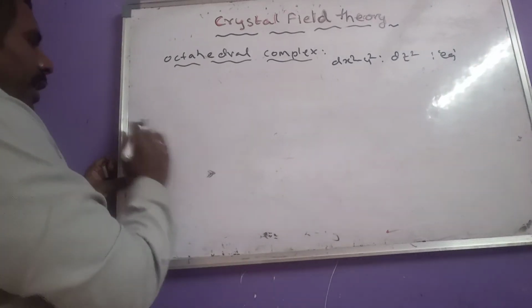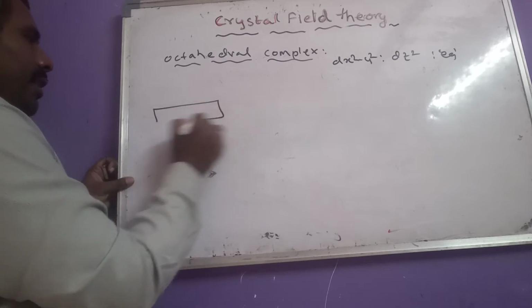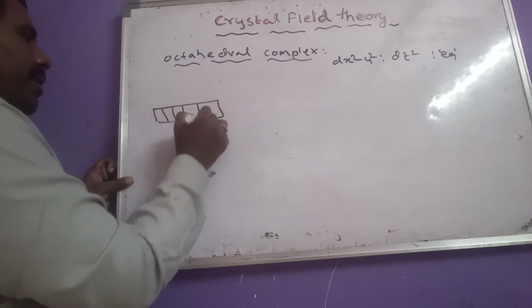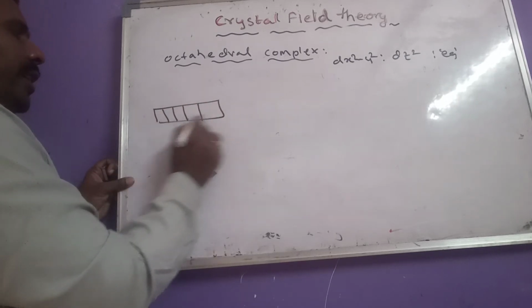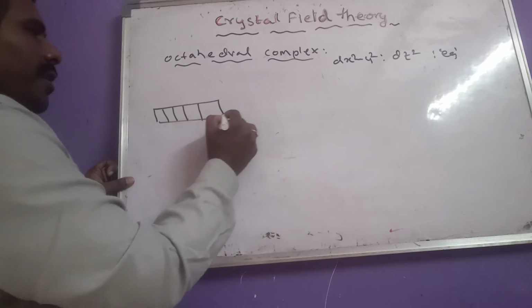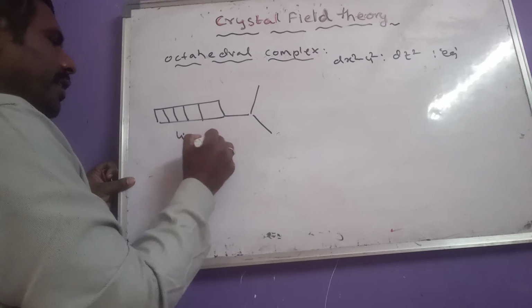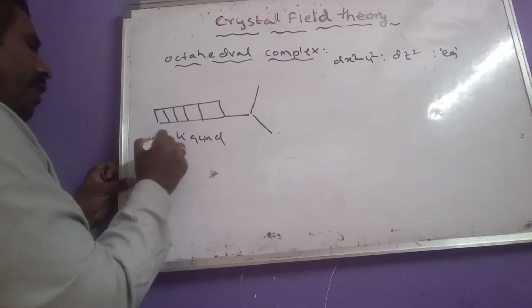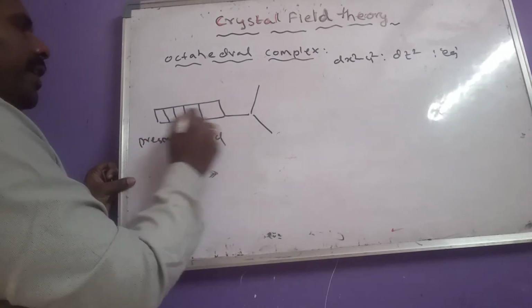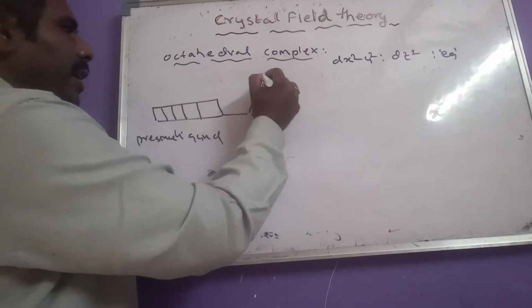In the absence of ligand, all five d orbitals are degenerate. But in the presence of a ligand, splitting of d orbitals takes place.